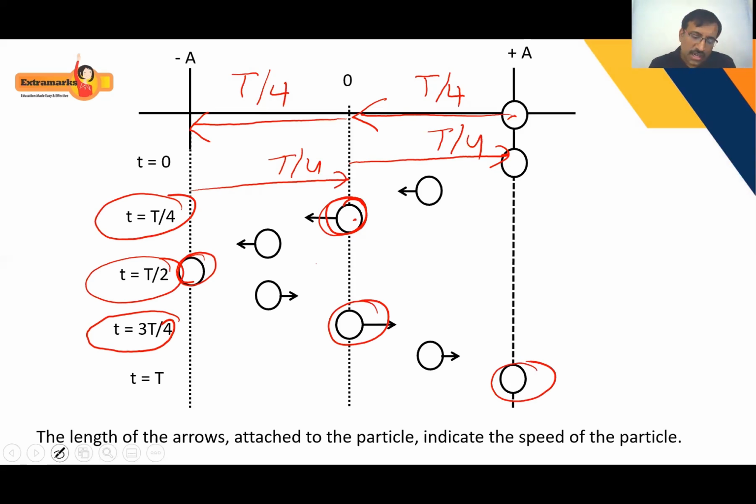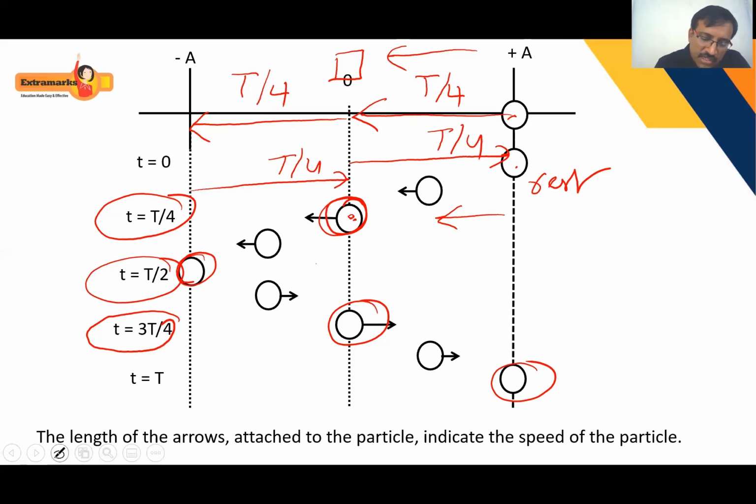And you see the arrow mark here, initially it starts from rest, and when it is moving like this, the spring force is acting and it will pull. When force is acting in the direction of displacement, the force will accelerate the body. The speed goes on increasing till here.